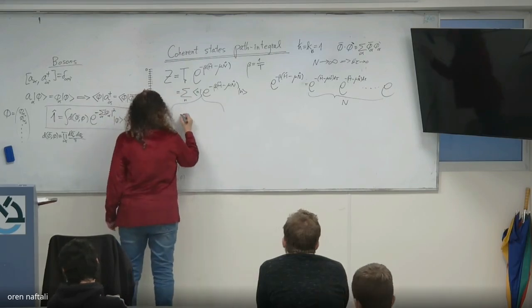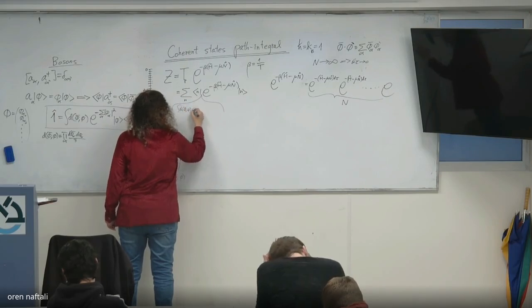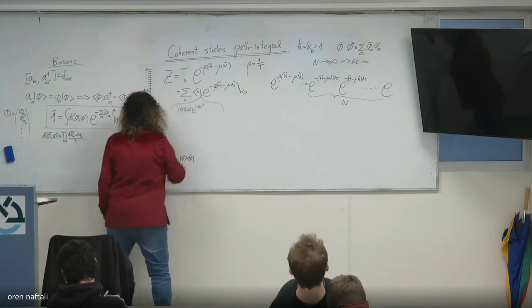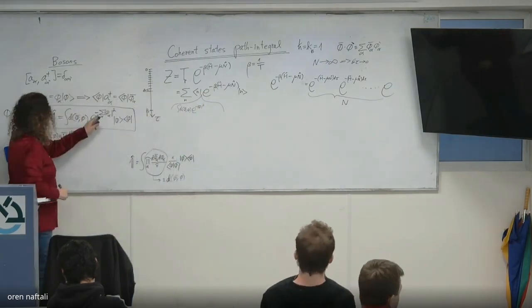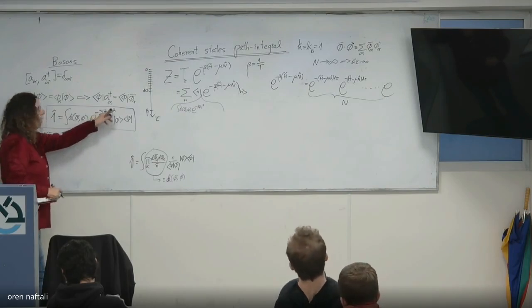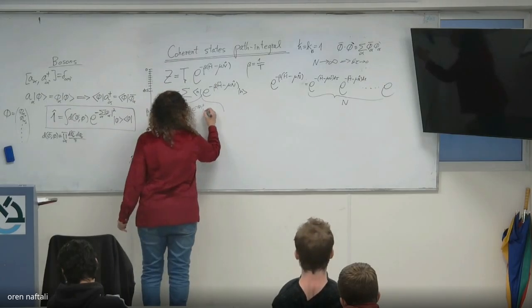So I'm writing it as this integral over phi bar phi e to the minus phi squared. This is a shortcut notation for the sum over alpha, etc. Of phi.